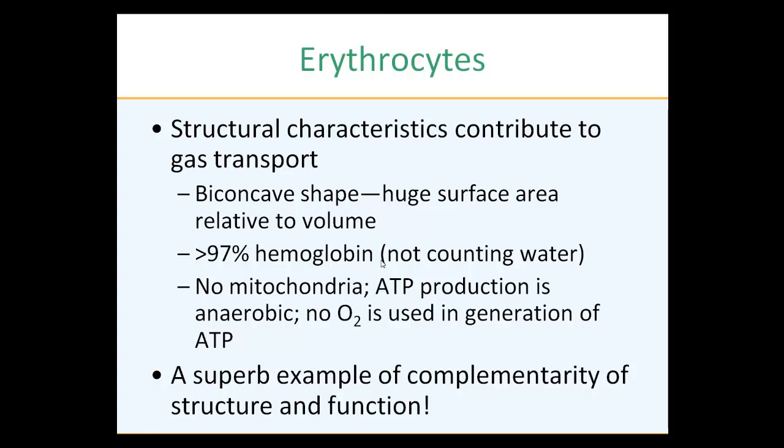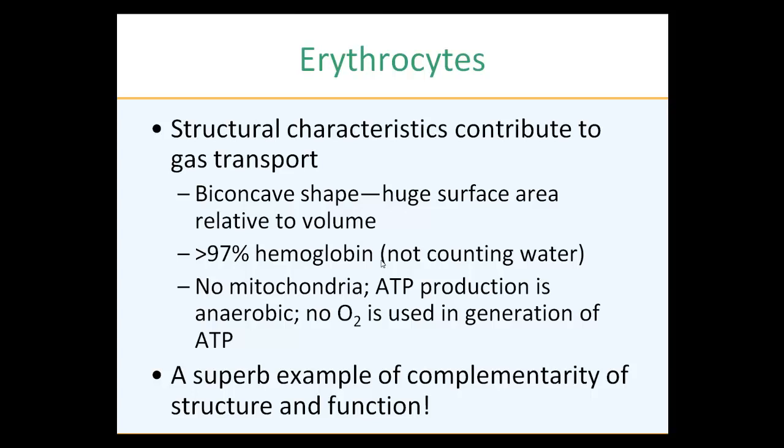It does not have mitochondria, so the ATP is produced by a process called glycolysis, and that's very important because these erythrocytes are really carrying oxygen, so you don't want them to nibble on the oxygen they're carrying. And so they're very well suited to the function of carrying oxygen because they have no use for it internally. They don't have mitochondria to conduct aerobic respiration.